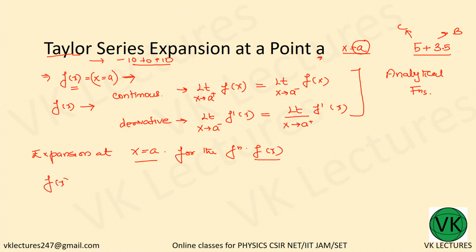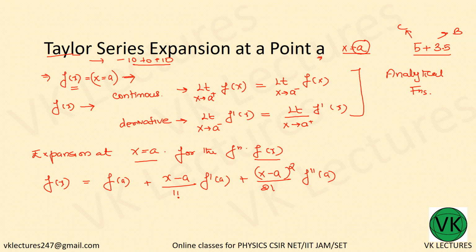f of x is equal to f of a plus (x minus a) by 1 factorial into f dash of a, then plus (x minus a) whole square by 2 factorial into f double dash of a, plus the third term you could guess, (x minus a) whole cube by 3 factorial into f triple dash of a.